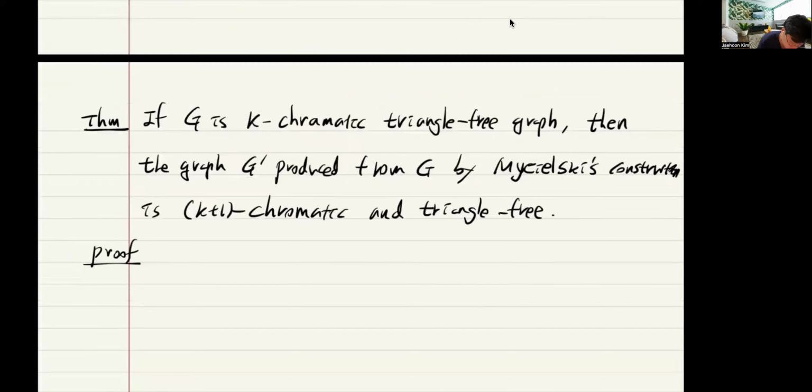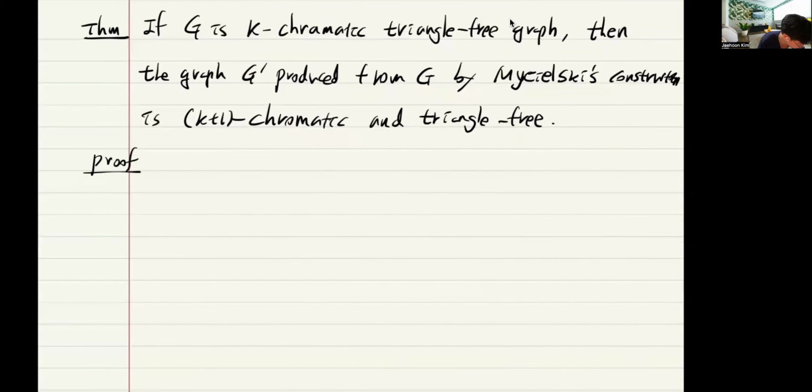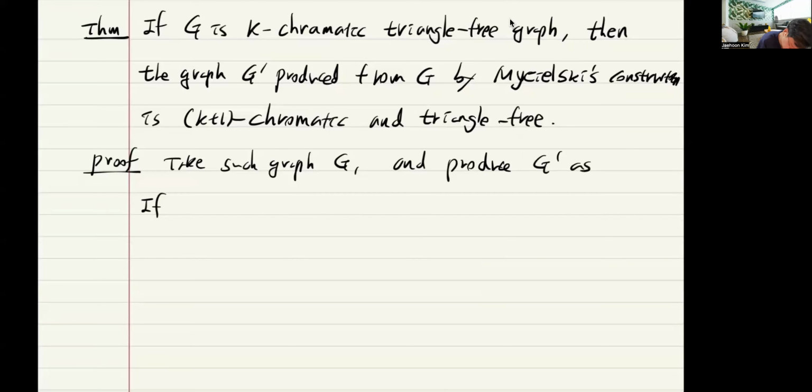So we consider the vertices V1 to Vn, U1 to Un, and W as above. So take G, and we produce G prime as above. We first prove that G prime is a triangle free graph.